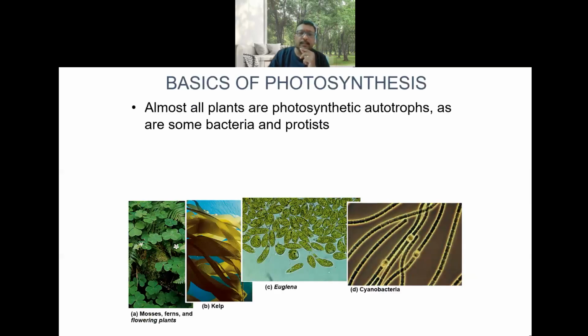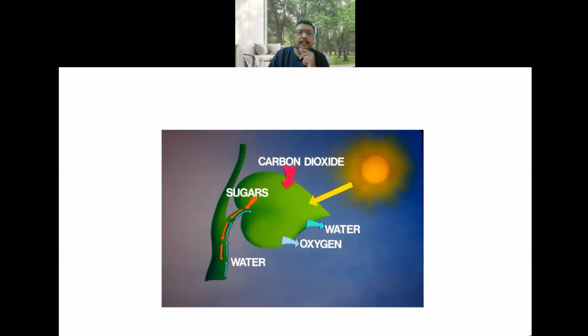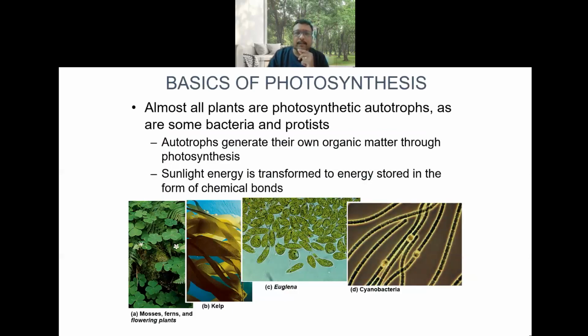So the basis of photosynthesis: we can say all plants are photosynthetic autotrophs. Autotrophs means they prepare their own food. They don't depend on any other host for their food. They prepare food through the photosynthetic process. That is why these are known as autotrophs.